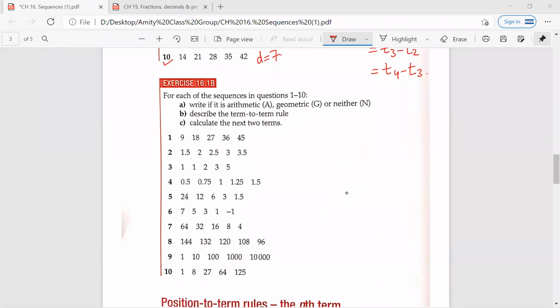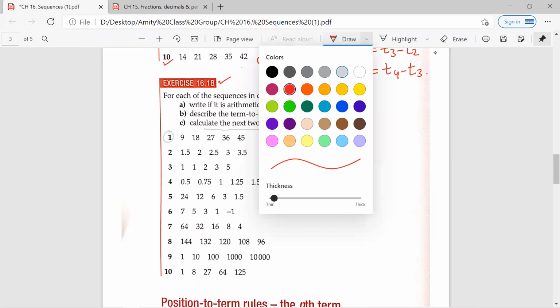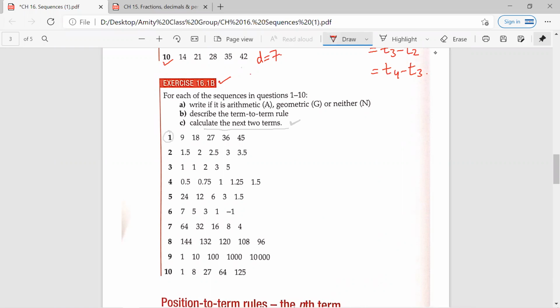Okay. Can you do exercise 16 1B now? All the questions. Sanviji, question number 1. Question number 1 is an arithmetic progression. The term to term rule is you are adding 9 and the next two terms are 54 and 63.